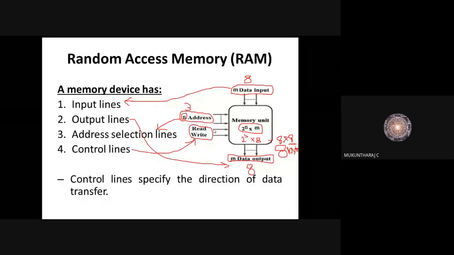So external environment to memory unit, that is the write operation. Memory device to external environment, that is the read operation. While writing, data is transferred into the memory. While doing a read operation, data is transferred to the outside world.